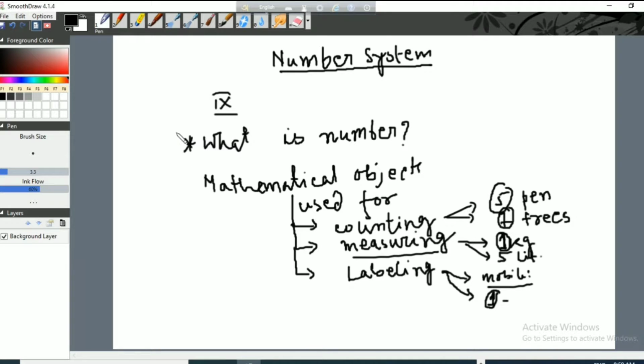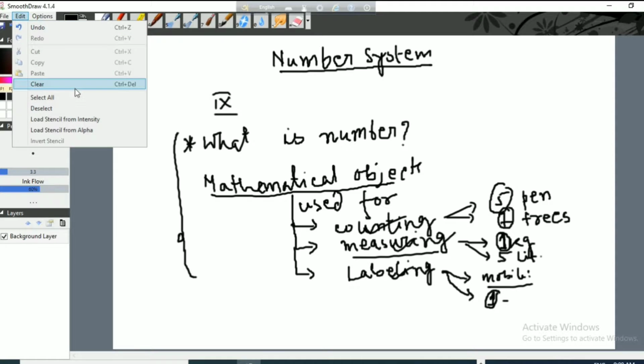Even though its definition looks a little abstract, we can say that numbers are mathematical objects which help us to count, measure, label, etc. So we know what numbers are. This is just an introduction.